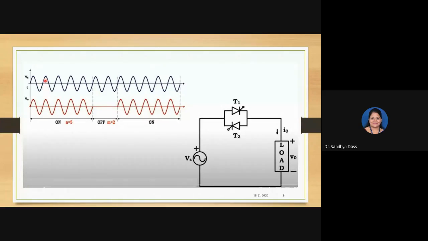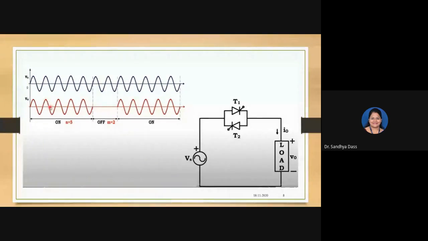That means whatever input you are applying, the same will appear at the load. So this is our output and this is our input, right? The same signal is coming at the output. Similarly, in the negative cycle. So this continues, right? The firing of the thyristors will be at zero crossing.